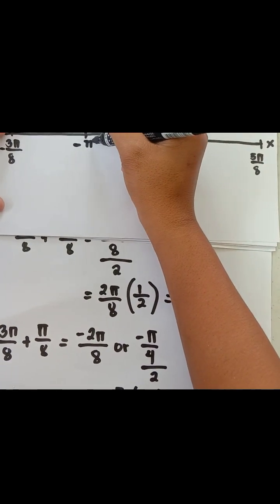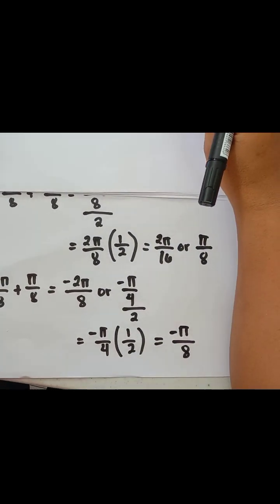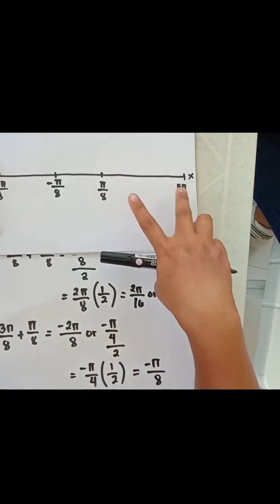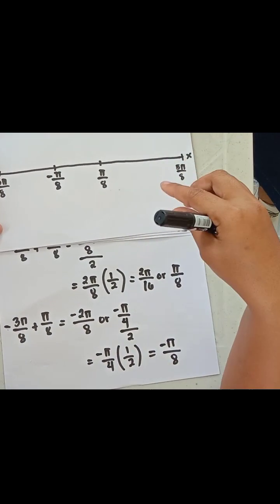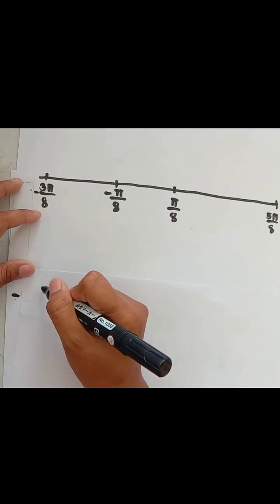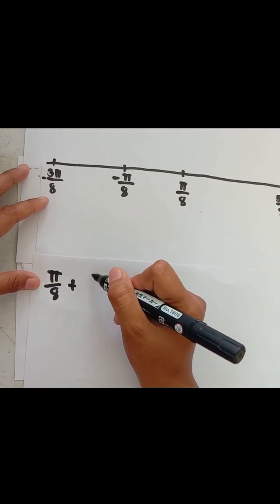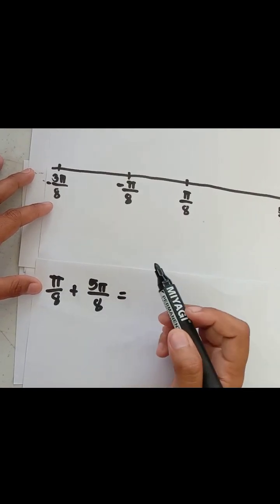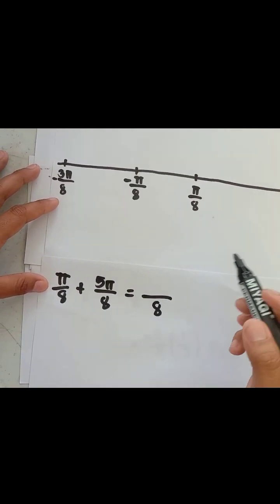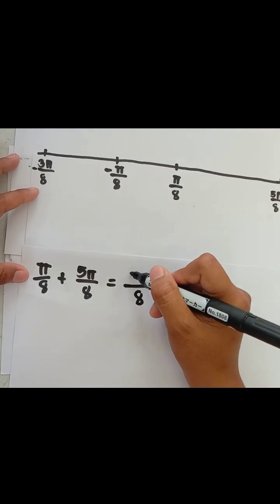Negative pi over 8. And to get the point here, we need to add the midpoint and the endpoint, then divide by 2. So, pi over 8 plus the endpoint 5 pi over 8 equals, copy the denominator, then pi plus 5 pi equals 6 pi.